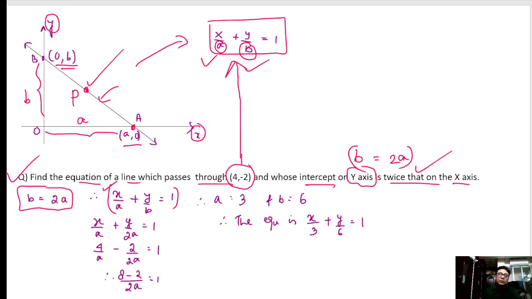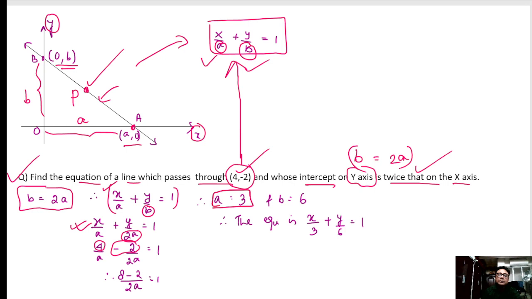Now first of all, we know b = 2a, so let us put 2a, and we also know that the point (4, -2) lies on this line. So in place of x put 4, and in place of y put -2. Solving it, we get a as 3.